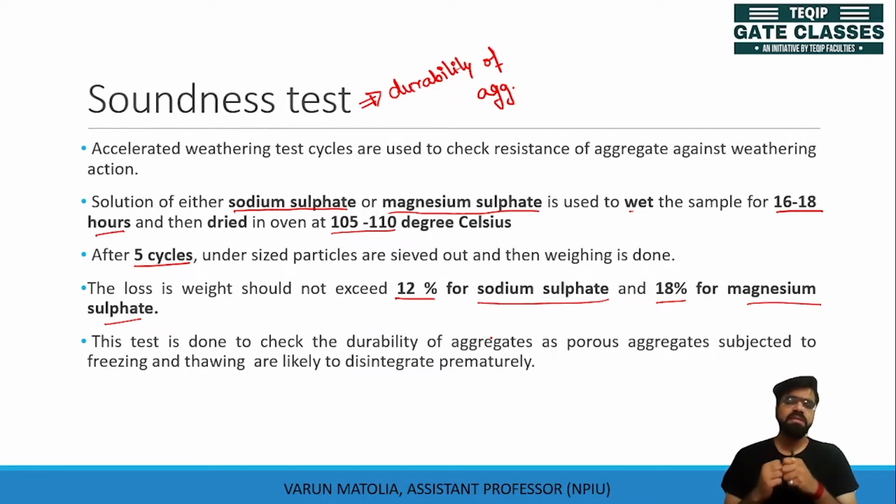Because of this freezing of the inter-void liquid, the size of the aggregate increases, or the size of the layer increases, or swelling takes place. After thawing, that place subsides because of the melting of that ice. So this causes premature disintegration of your pavement. So this is undesirable. To check this, we do the soundness test.